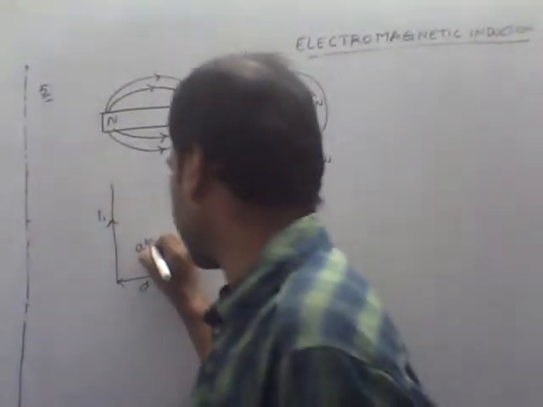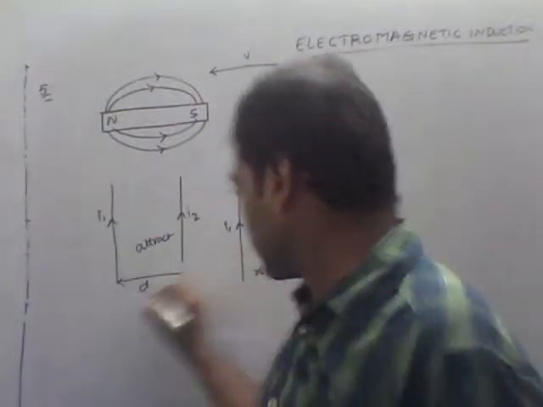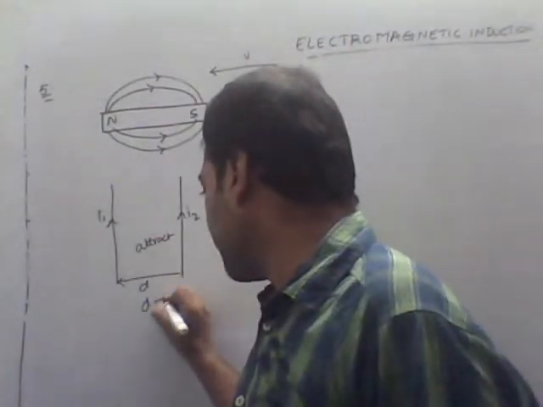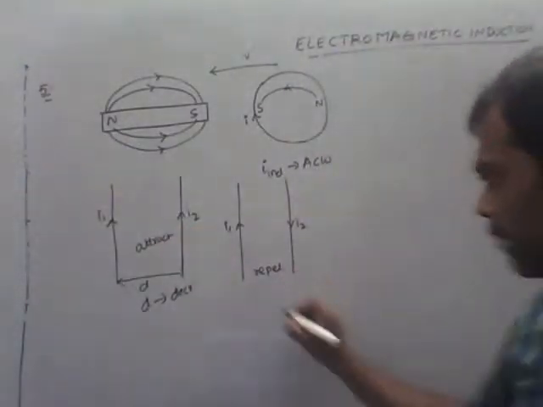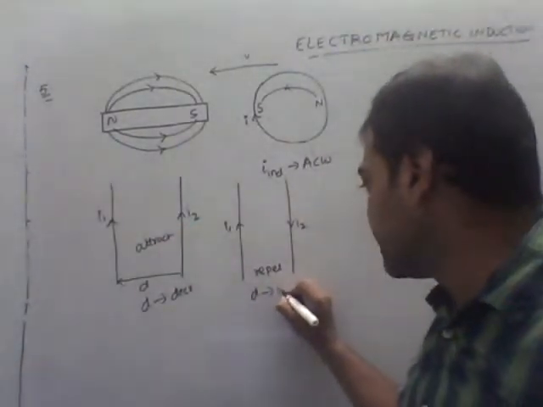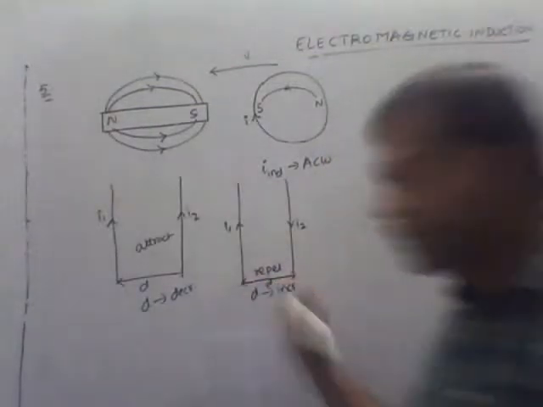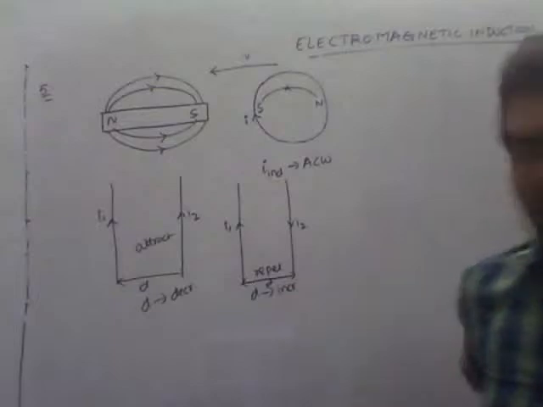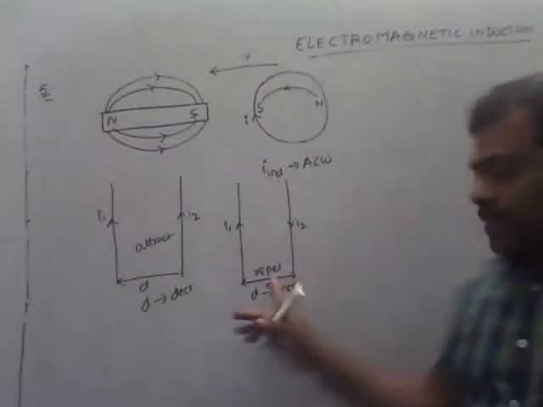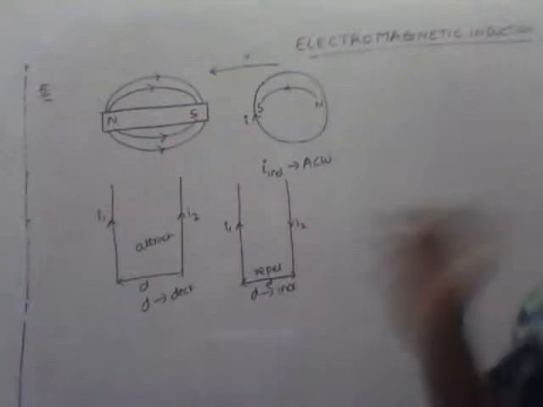Here it is attracting nature, here it is repelling nature. D will decrease whenever it is attract, and whenever it is repel, D will increase. So whenever the currents are opposite in direction, we will have the repel nature.